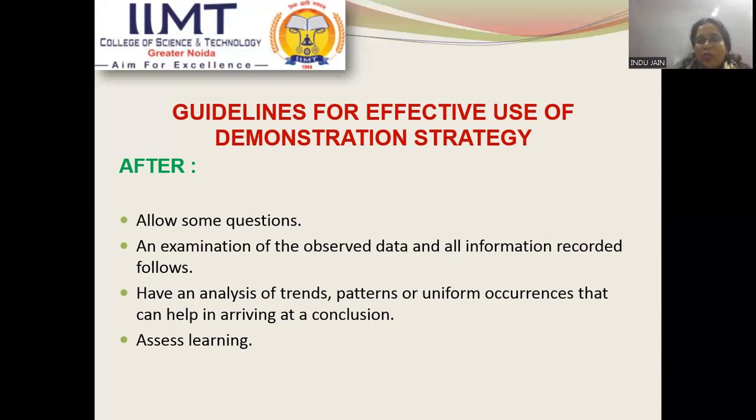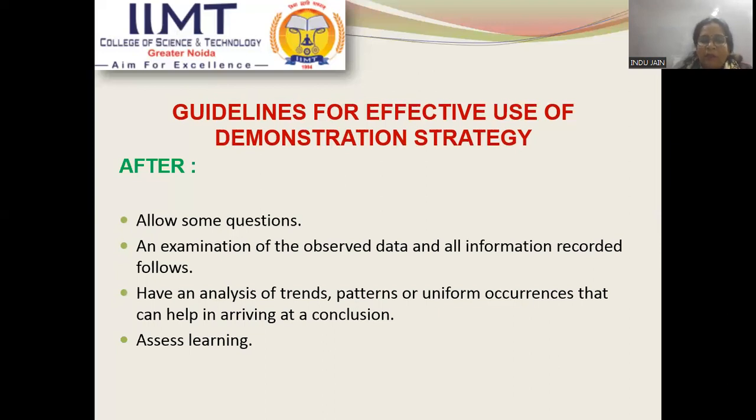Allow the students to ask some questions and satisfy them by providing the answers. An examination of the observed data and all information recorded follows. Have an analysis of the trends, patterns, or uniform occurrences that can help in arriving at a conclusion.